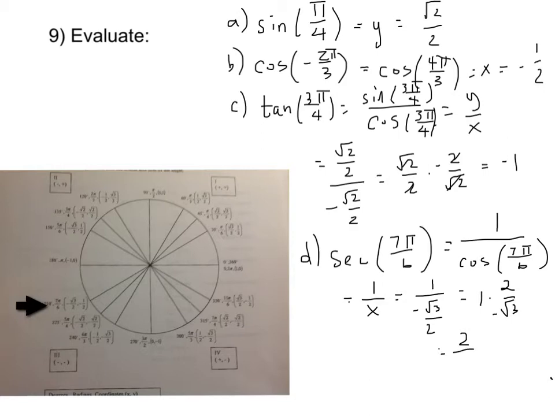But this isn't a very nice final answer because we don't like square roots in the denominator. So to rationalize it, we can multiply by square root of 3 over square root of 3. And we'll come up with a final answer here of negative 2 square root of 3 over 3. And that would be our solution for the secant of 7 pi over 6.